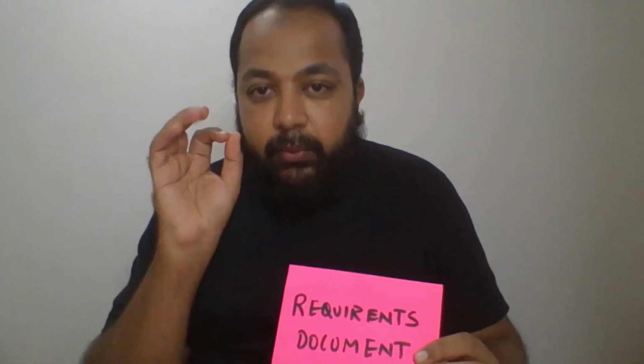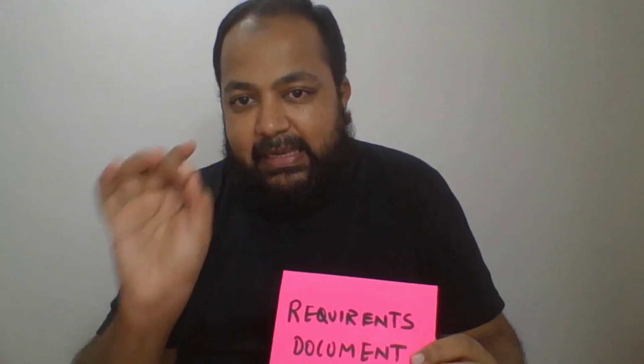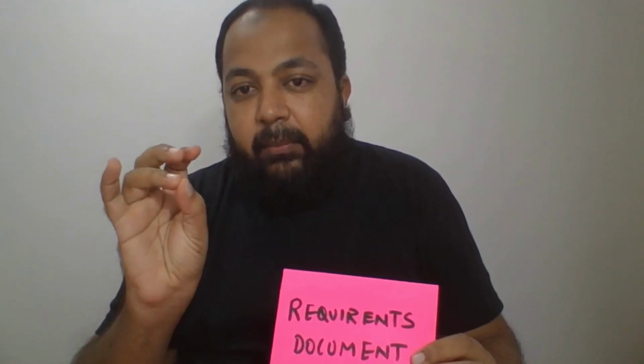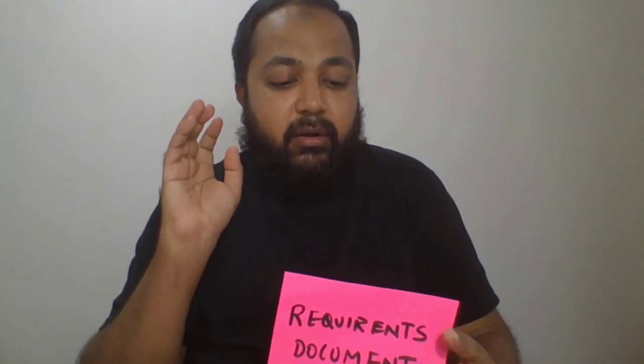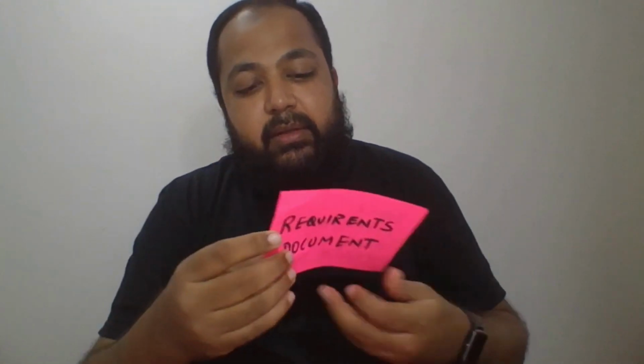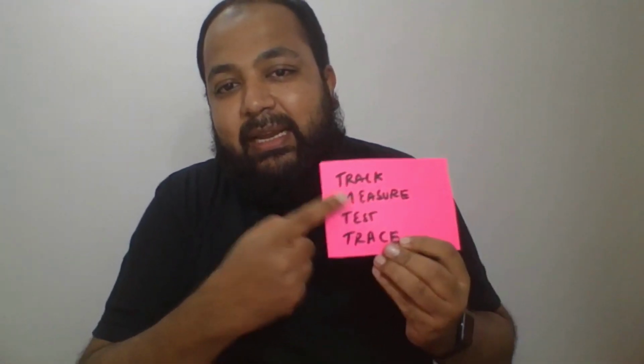The requirements document will help you track the requirement, trace the requirement, measure the requirement, and also ensure that the requirements are tested. So: track it, trace it, test it, measure it. If a requirement is not measurable, then the acceptance criteria is very vague. It becomes very difficult for developers to make it.